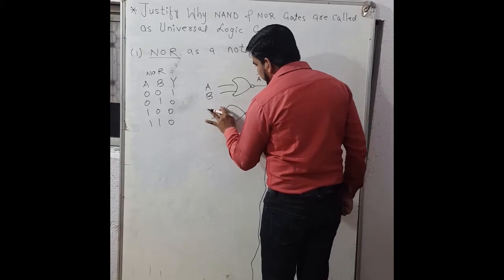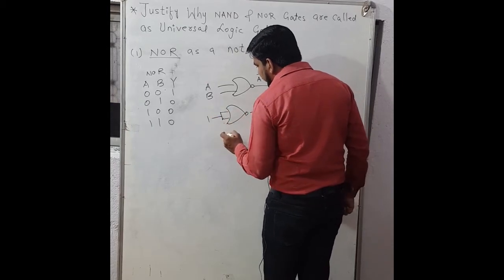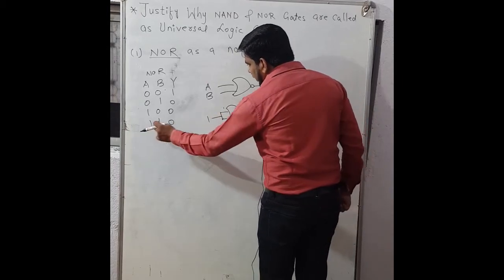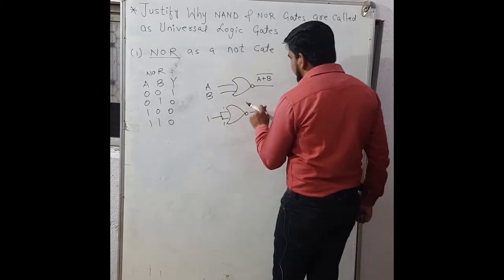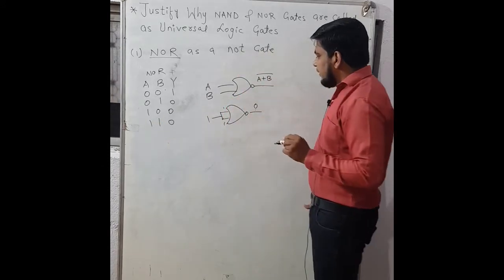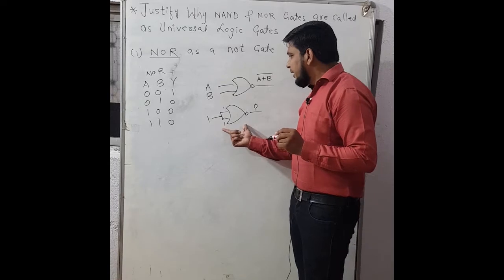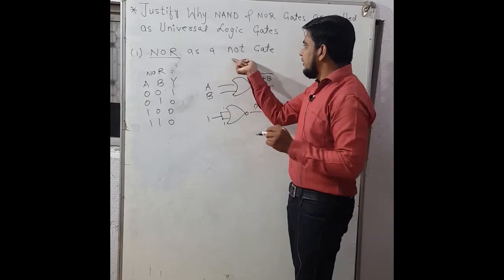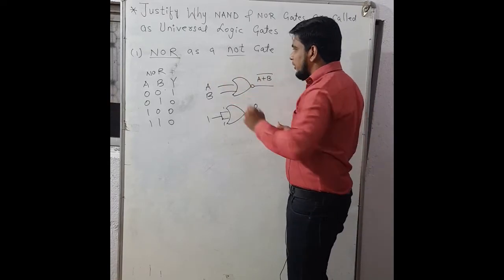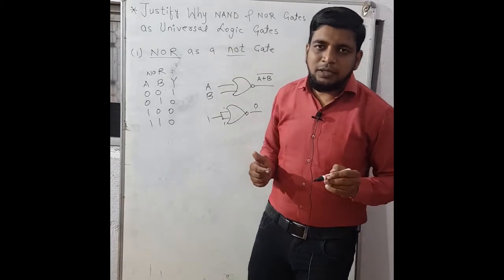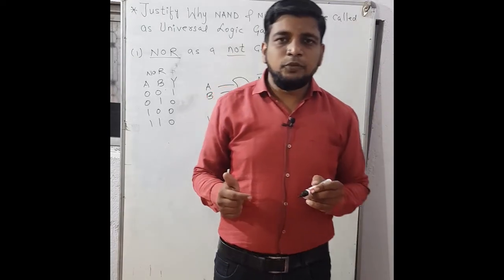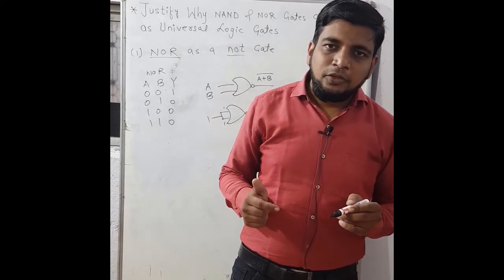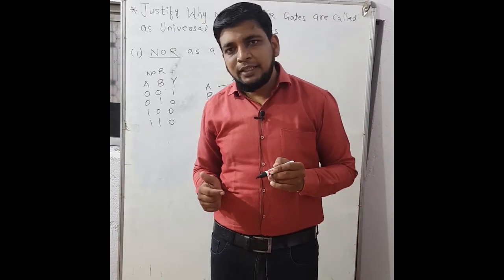Similarly, we can give 1 as the input, so both the inputs are 1 1, and for 1 1 output is 0. In this way, a NOR gate can work like a NOT gate. When does it work? When all the inputs of NOR are shorted, NOR gate will work like a NOT gate.